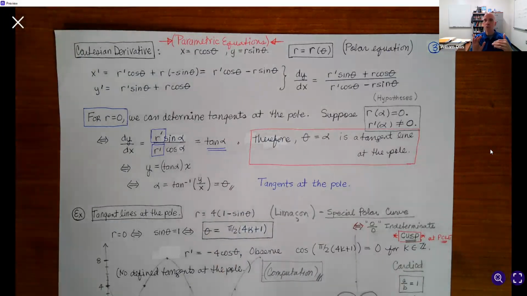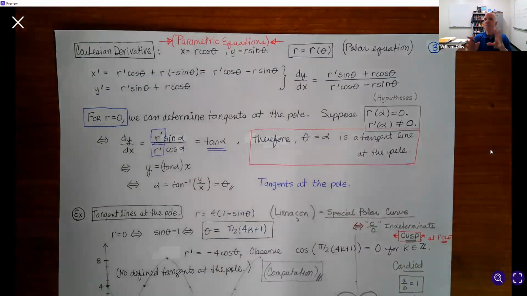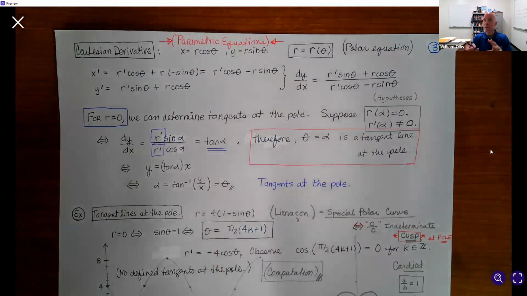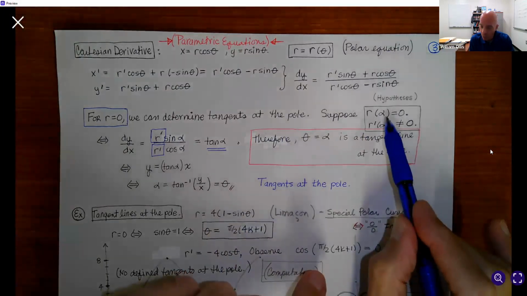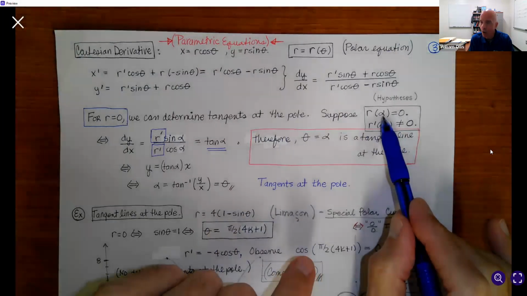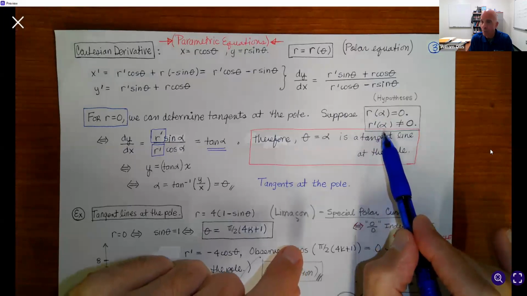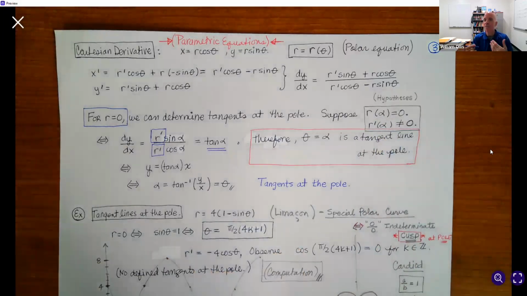We have to make sure that r prime and r equals 0 at least give us something other than zeros. For instance, we can't have all of the alphas that make r zero making r prime zero. Then we don't have the bona fide tangent at the pole.